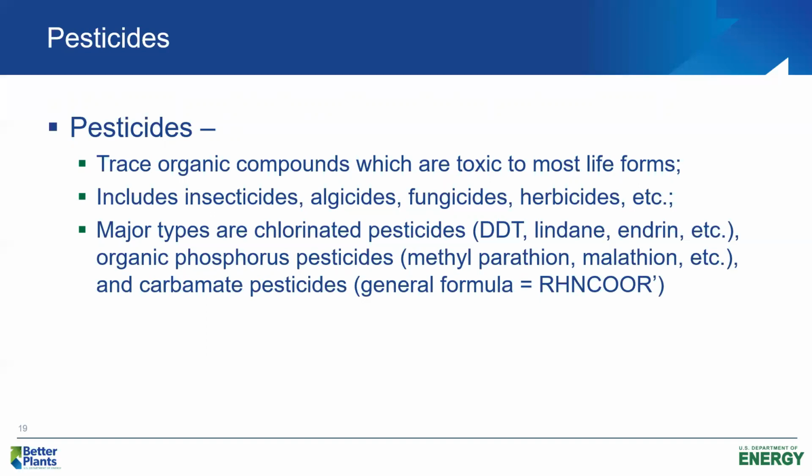In the United States, chlorinated pesticides are banned for use as well as production now. Organic phosphorus pesticides and carbamate pesticides are still manufactured, so occasionally we have to deal with these coming into the treatment plant. We're mainly concerned because of their very high toxicity to the treatment plant, and then they may pass into the receiving stream and cause toxicity in the receiving stream.